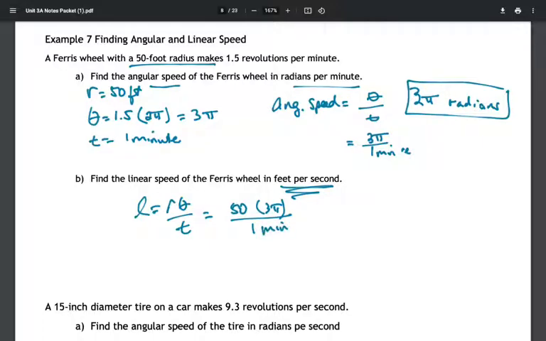So we need to convert this, because they want feet per second, so convert that 1 minute to 60 seconds. And then we can finish solving it by multiplying. So that ends up being 150 pi on top divided by 60. And then we just need to simplify that. So 30 will go into this 5 times, and 30 will go into this 2 times, so it'll be 5 pi over 2.